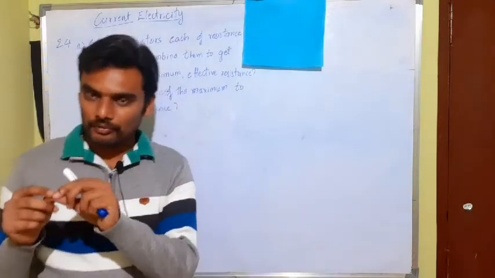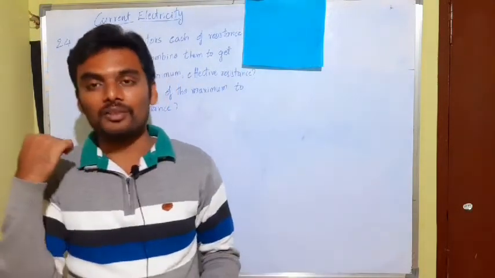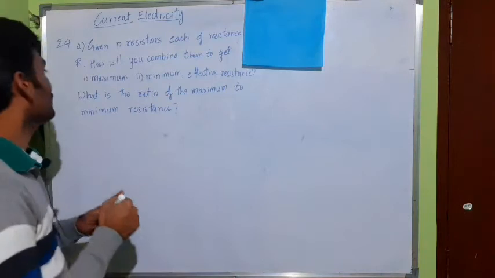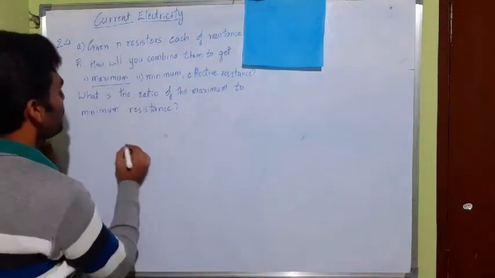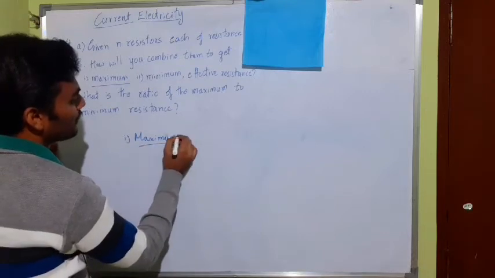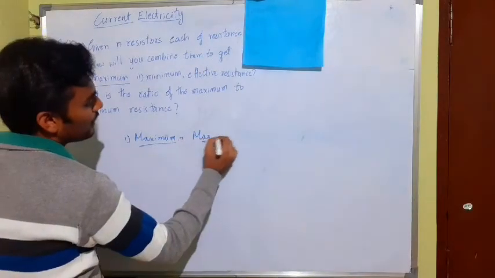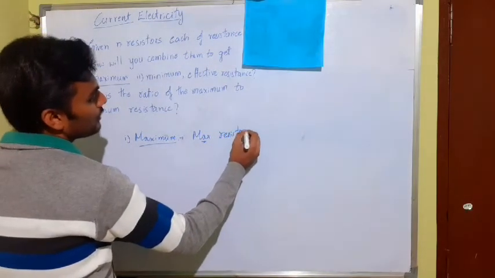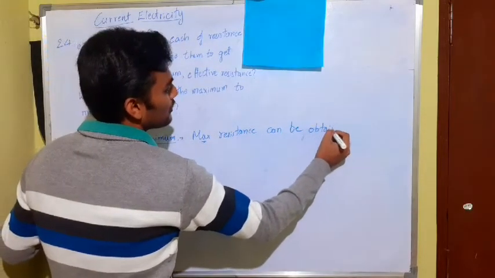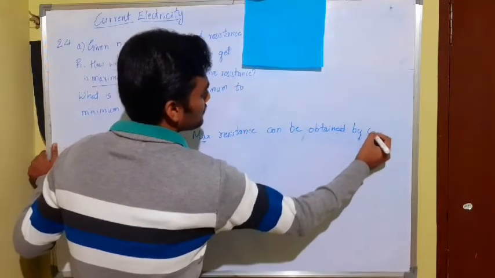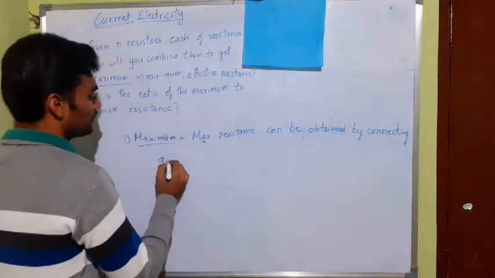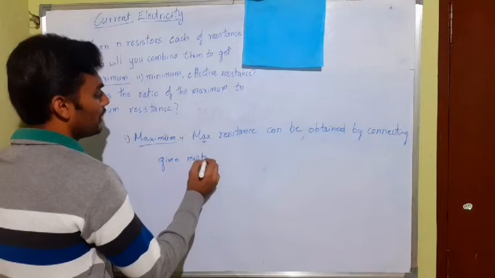Be clear with this. This is the basic of getting maximum and minimum resistance. Connect them in series, you'll get maximum resistance. Connect all of them in parallel, you'll get minimum resistance. So when it comes to maximum resistance, write a sentence: maximum resistance can be obtained by connecting given resistors in series.